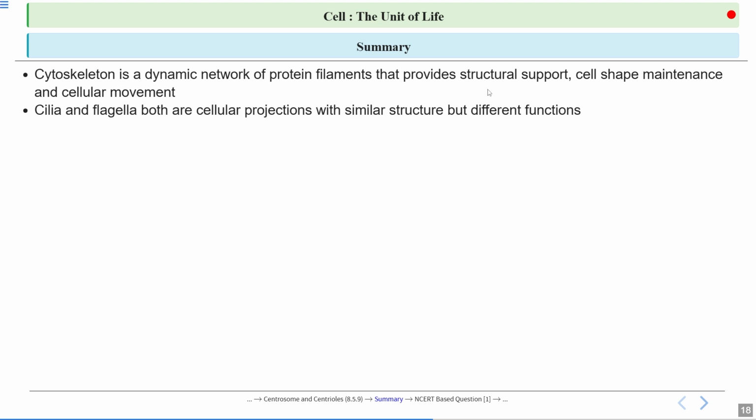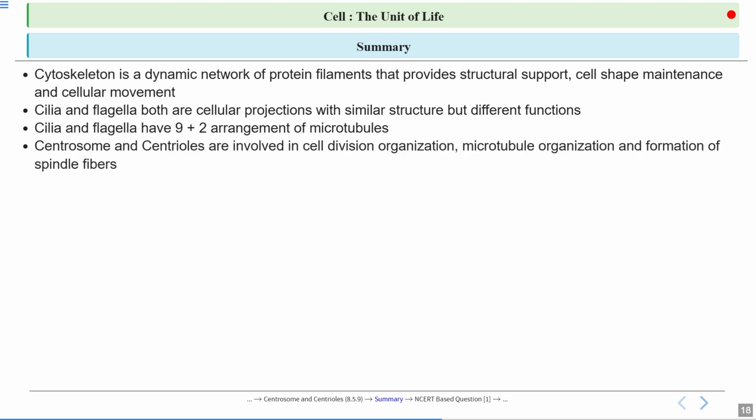Cilia and flagella both are cellular projections, extensions of the cell membrane. They have similar structures, but slightly different functions. Cilia and flagella have a 9+2 arrangement of the microtubules, seen in the axoneme.